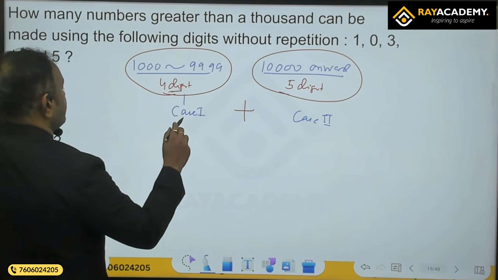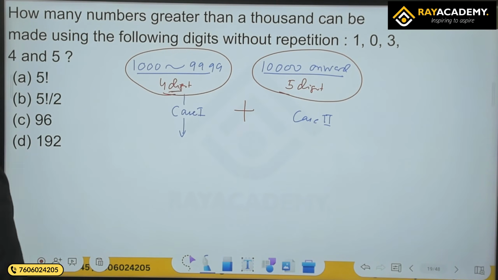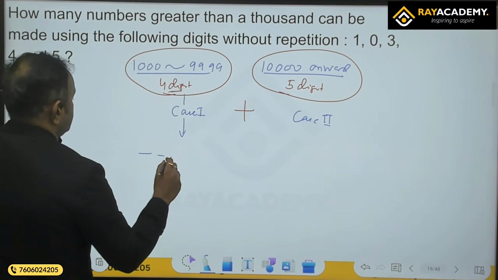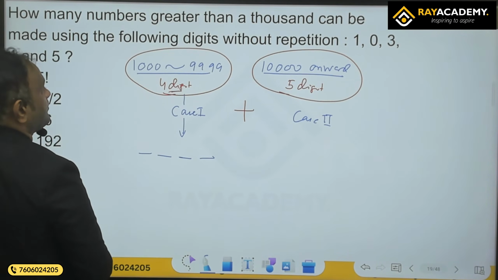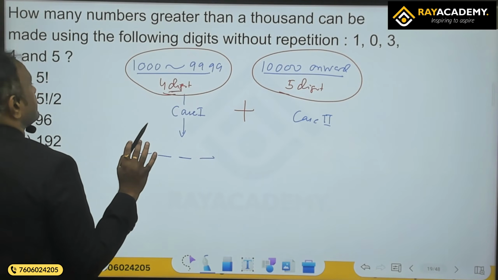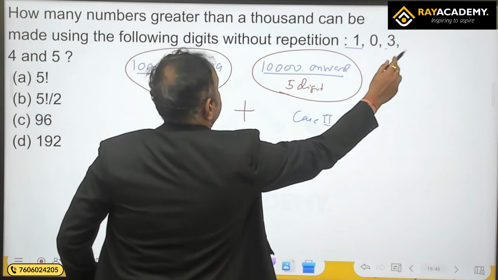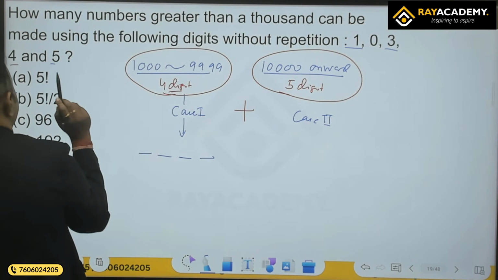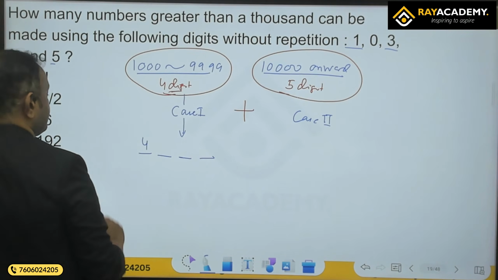In case 1, how many numbers can be formed? Let us see, 1000 to 9999, 4-digit numbers. Which digits can take the first place? 0 cannot come, so leaving out 0, we have 1, 3, 4 and 5. So this can be filled in 4 ways.